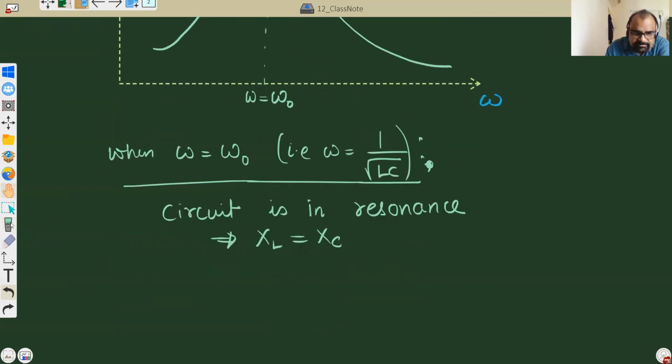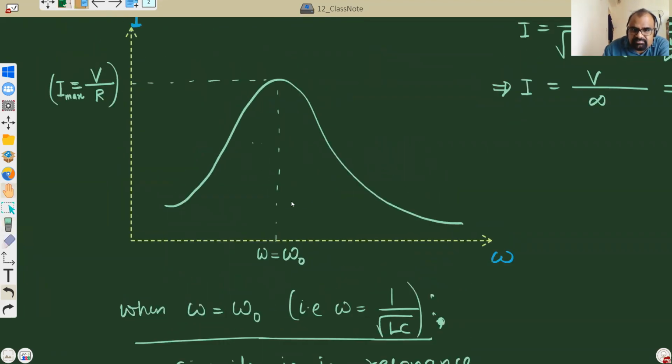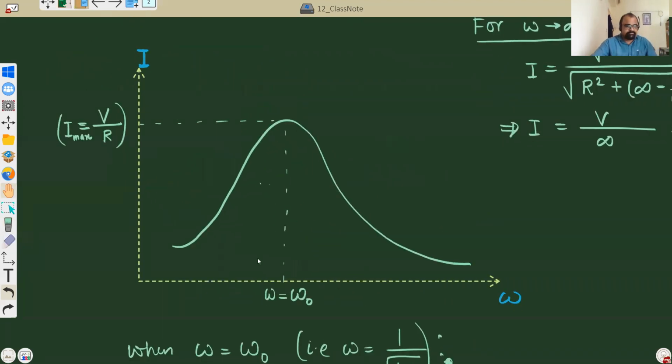That means impedance is root over R square plus 0 square, because XL minus XC is 0. So current, normally V by Z, will become V by R. So that will be the maximum current. Any problem?